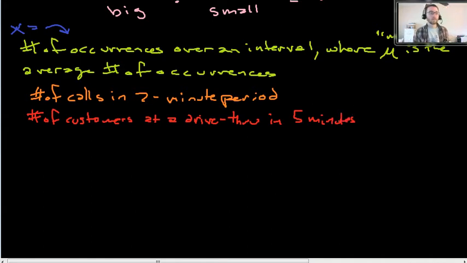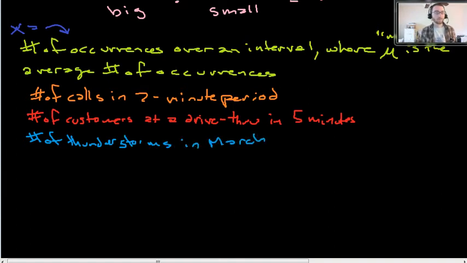What else? Maybe the number of thunderstorms in March. So these are things we can model, right? It's the number of occurrences, the number of 18-wheelers on a 100-mile stretch of highway. So this can be an interval in time or space as well.